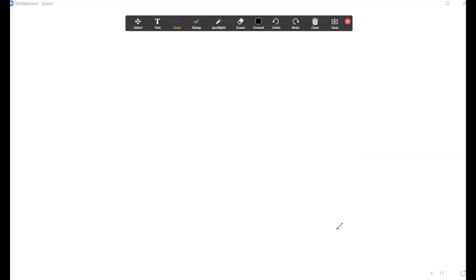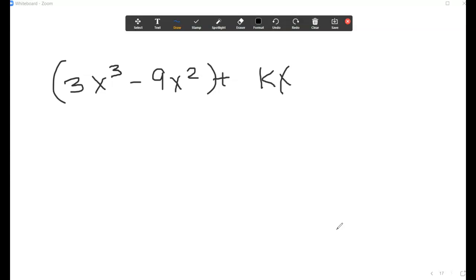So you get 3x cubed minus 9x squared plus kx minus 12. You group and take out your first factors. So you take out a 3x squared, and that leaves you with x minus 3.